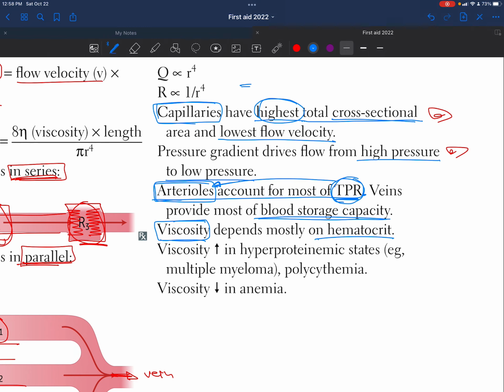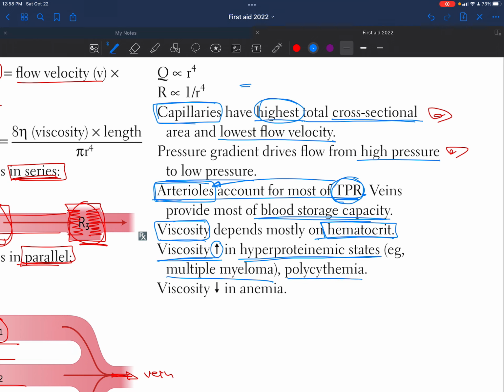The viscosity depends mostly on hematocrit. So viscosity is how thick or thin that fluid is. So in case of blood, it depends mainly on how much hematocrit is in there. So the viscosity, of course, increases in cases like hyperproteinemic states, because the blood contains too many proteins, so it's not as thin.